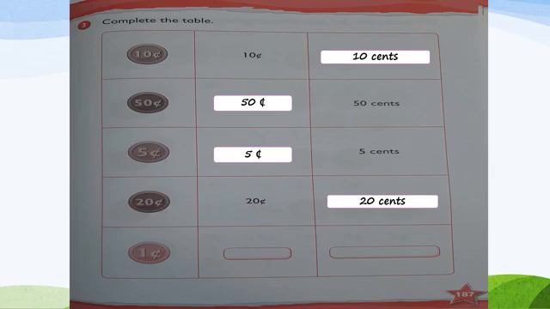The fourth one is, okay, 20 cents. And how about the last coin? How did you write the value? Okay, it's 1 and then the sign of the cent. And the last one is 1 cent.